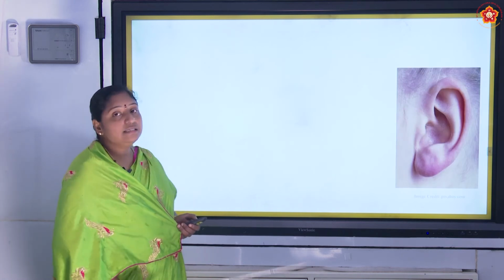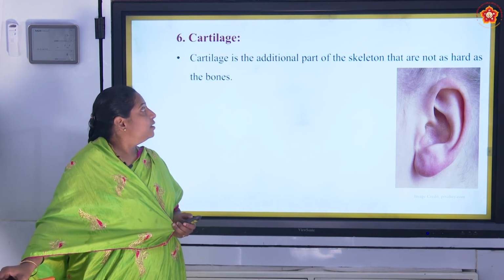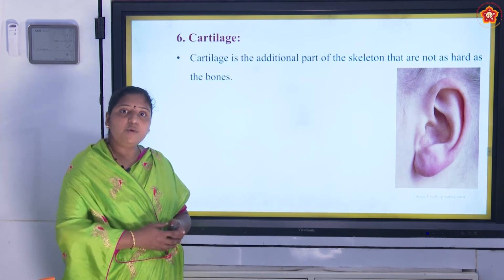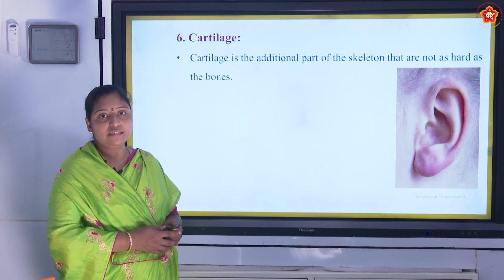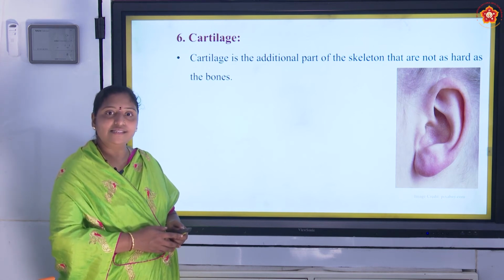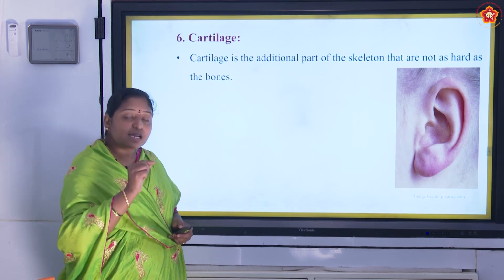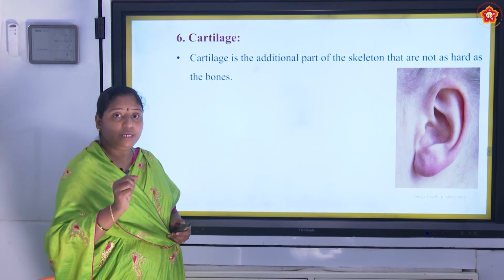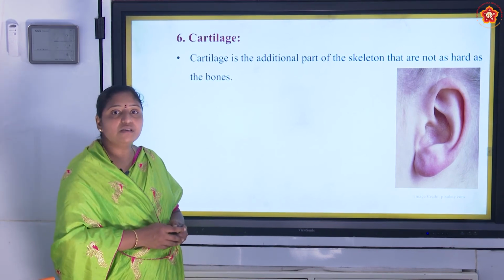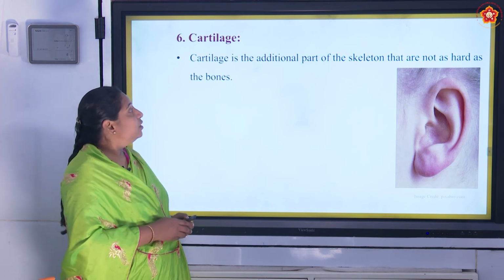And the next is cartilage. Already we have studied about this cartilage in the previous class itself. Where we have studied, children? Yes, exactly. In between the two bones, that is surrounding the bone, there will be a membrane that is made up of a soft tissue that is called cartilage.